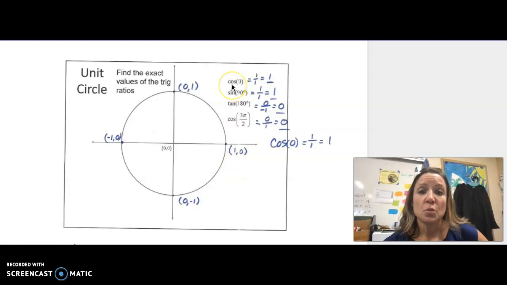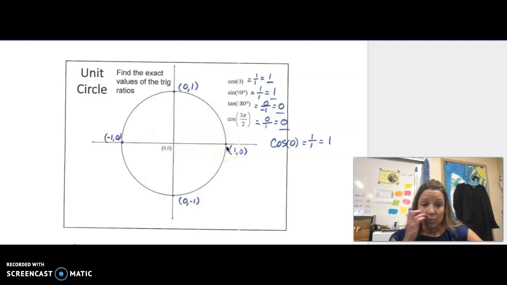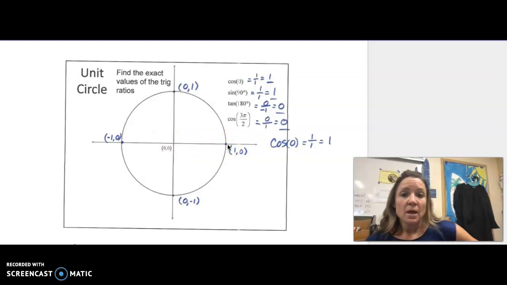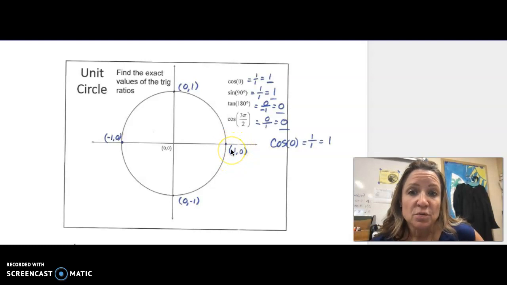Okay, so if we want the cosine of 0, so here's 0. This is 0 degrees because this is the initial where you're always going to start. So from this value, cosine is the adjacent over the hypotenuse, which in this case, the adjacent and the hypotenuse are both 1. So 1 over 1 simplifies to 1.